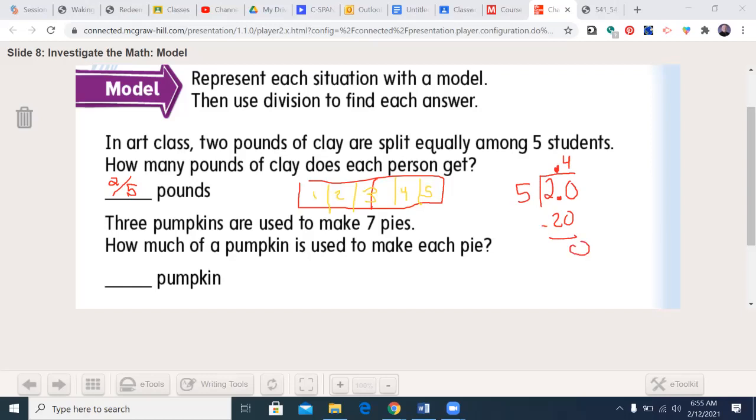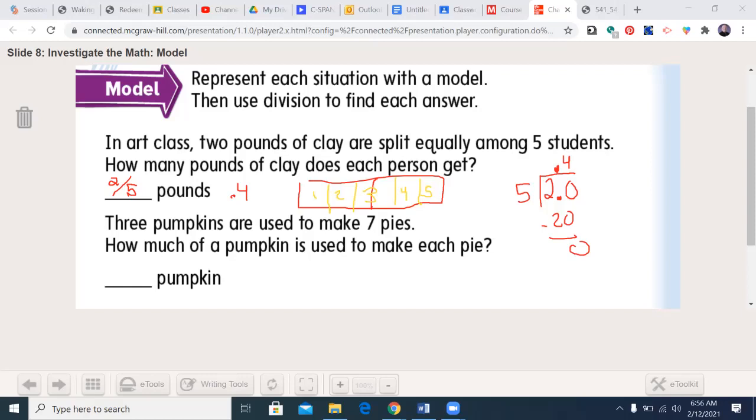Subtract, I get a 0. So it is also known as 0.4 pounds. And there's other ways to turn that quicker in another lesson. But this is how I could divide it to find out how much each person gets. This is the decimal form. This is the decimal fraction form.